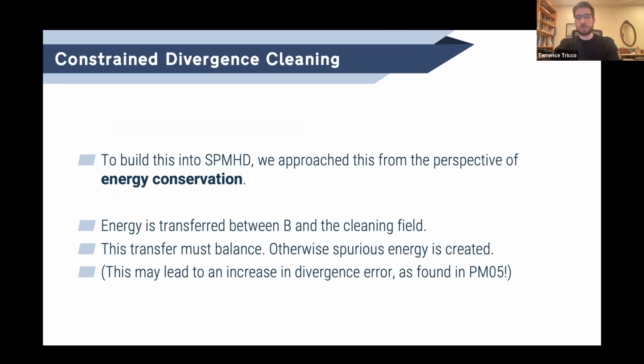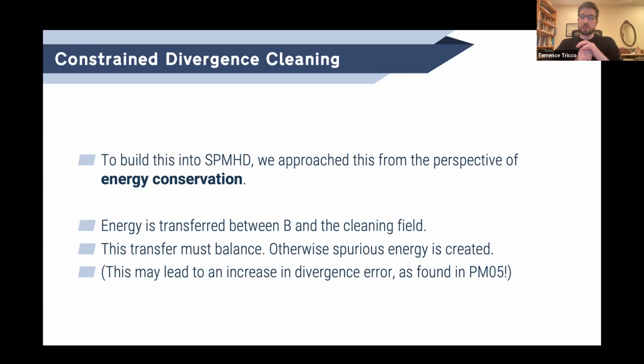Our approach was to take the perspective of energy conservation, because I want to peel the onion a little bit deeper on how we did this, because it's going to tie into our conversation about where SPMHD is going in the future. And the insight here is that we have this new cleaning field psi that's coupled to the magnetic field, and energy is transferred between the magnetic field and this field. And this energy transfer must balance.